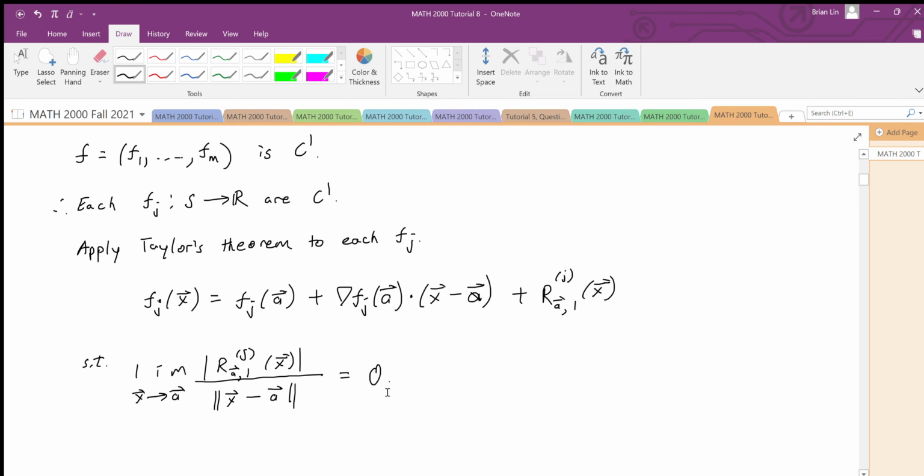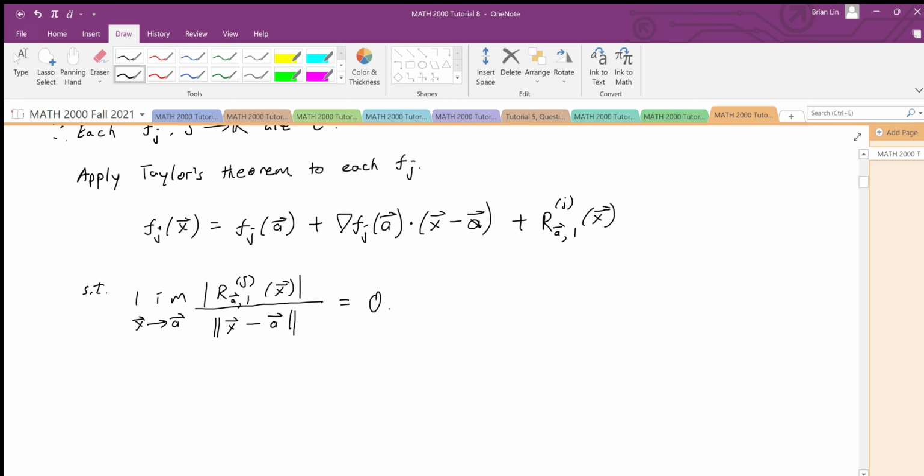So we now recall that each component satisfies Taylor's theorem, so we just bundle everything up together. So f of x is equal to fj at x for all your component functions.